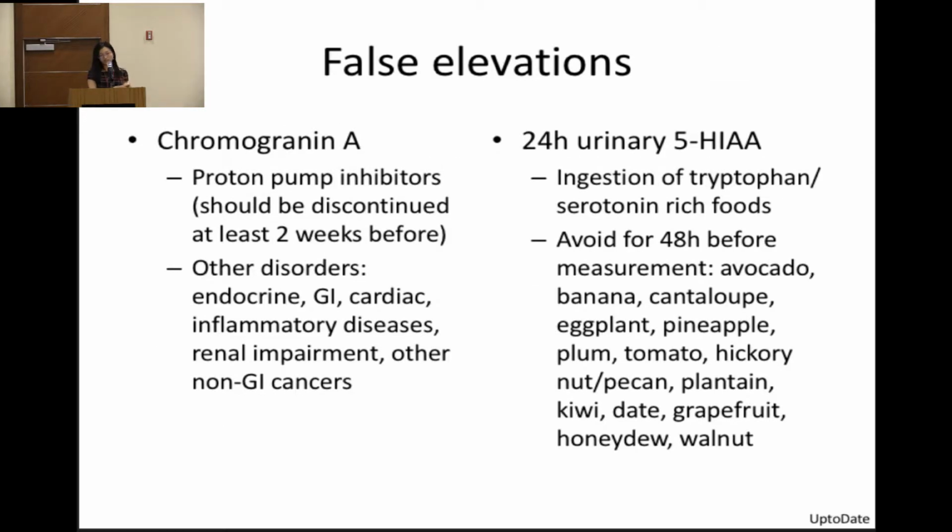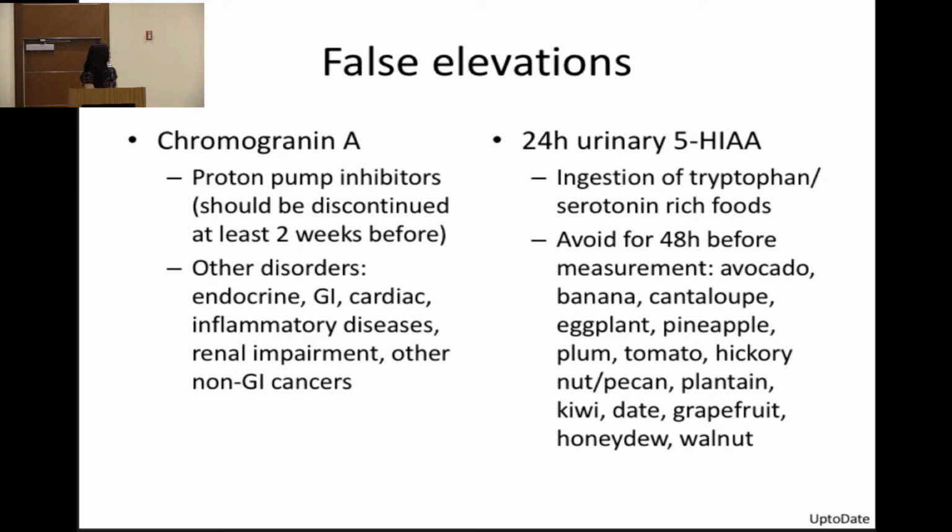False elevations of these markers can occur, and these are some of the things that can lead to false positive results. For chromogranin A, any drug that stimulates secretion of the neuroendocrine cells can lead to a falsely high result. Proton pump inhibitors are notorious for causing this, so they should be discontinued about 2 weeks prior to your test.